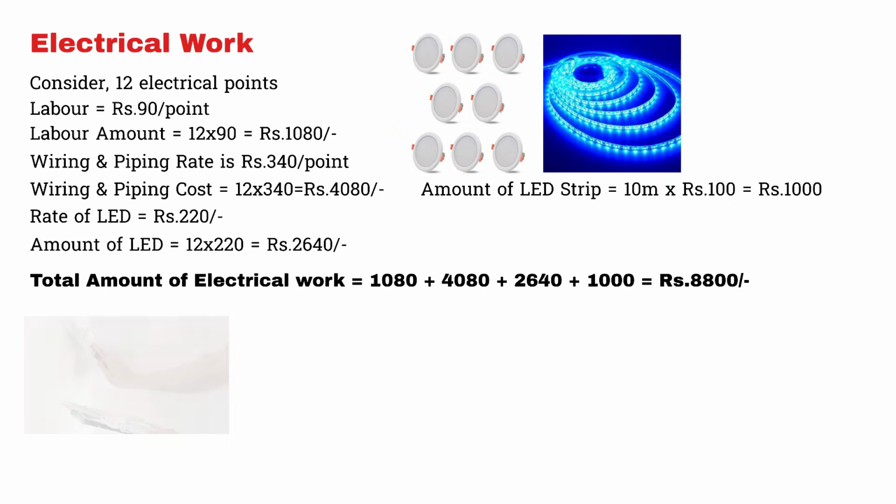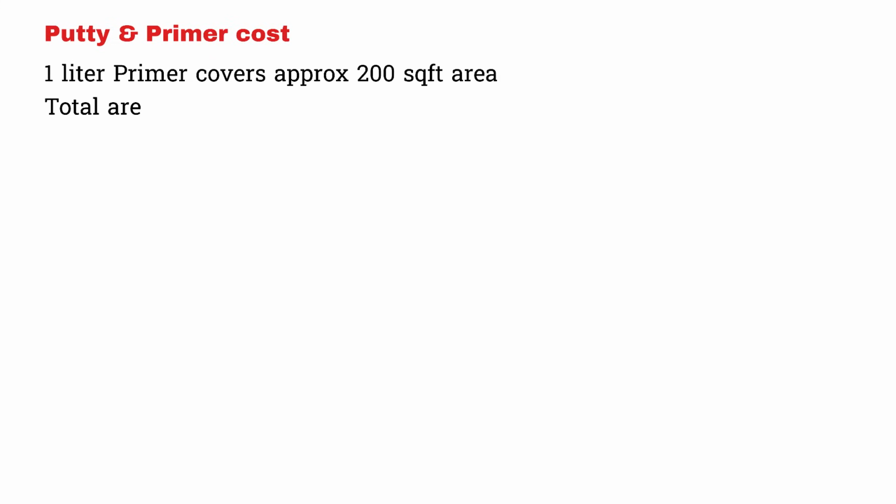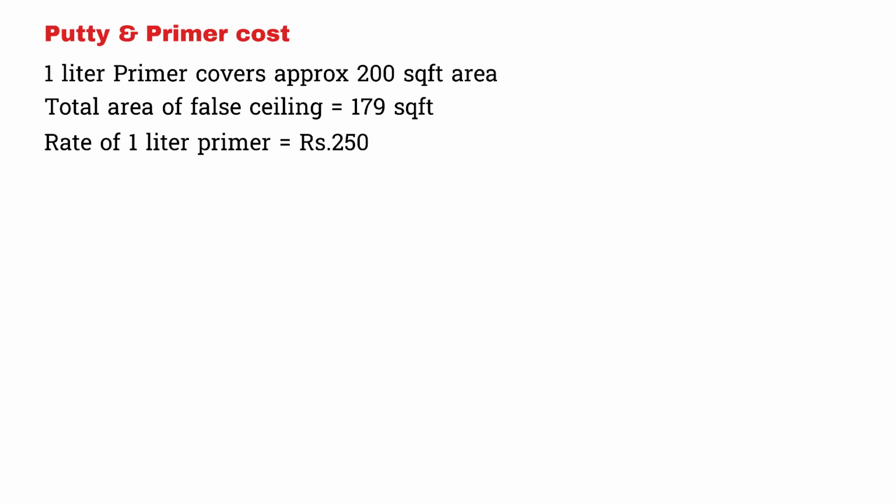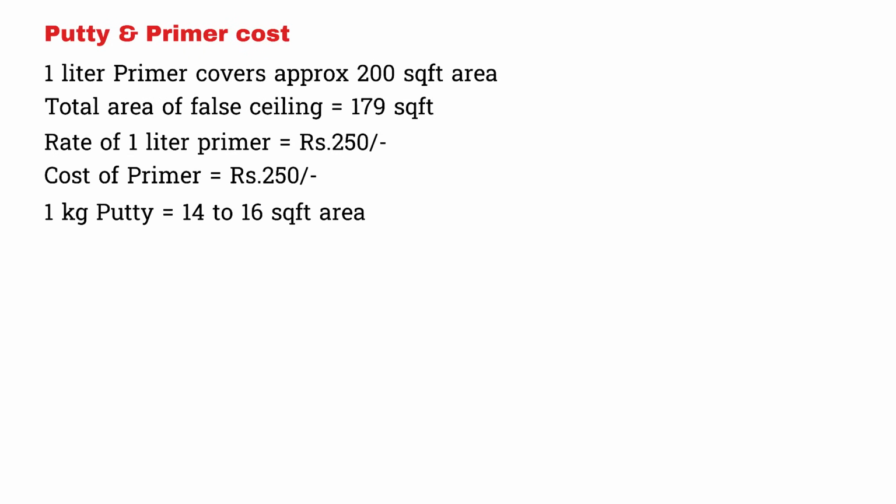Then comes putty and primer cost, which nobody tells you in advance. 1 liter primer covers approximately 200 square feet of area, and our total area of false ceiling is 179 square feet. The rate of 1 liter primer is 250 rupees. So consider primer cost as 250 rupees. 1 kg of putty covers 14 to 16 square feet of area. So 179 divided by 14 is equal to 13 kg.